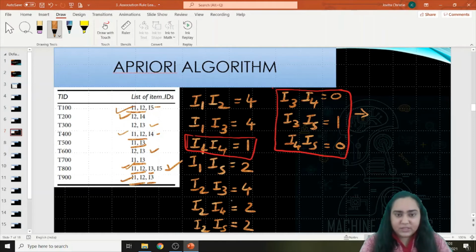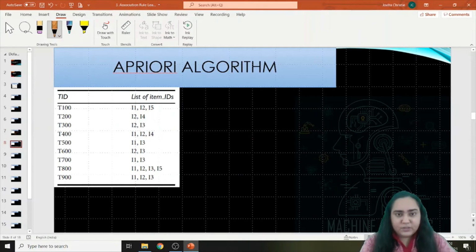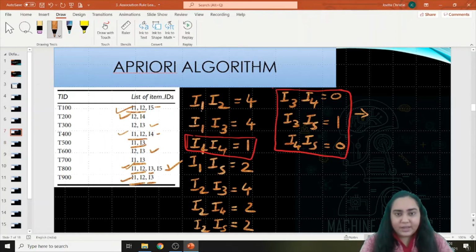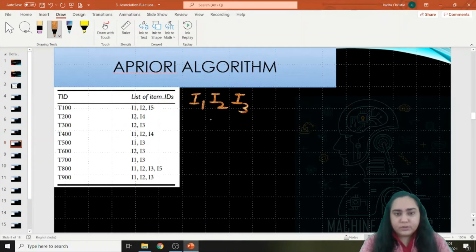So I can see it's coming everywhere, which means I can combine all of those. For example, I can combine I1, I2, and I3 because they have I1 common. So I can make my first item as I1, I2, and I3. Next, I can also put I1, I2, and I5. So I'll put that as well.